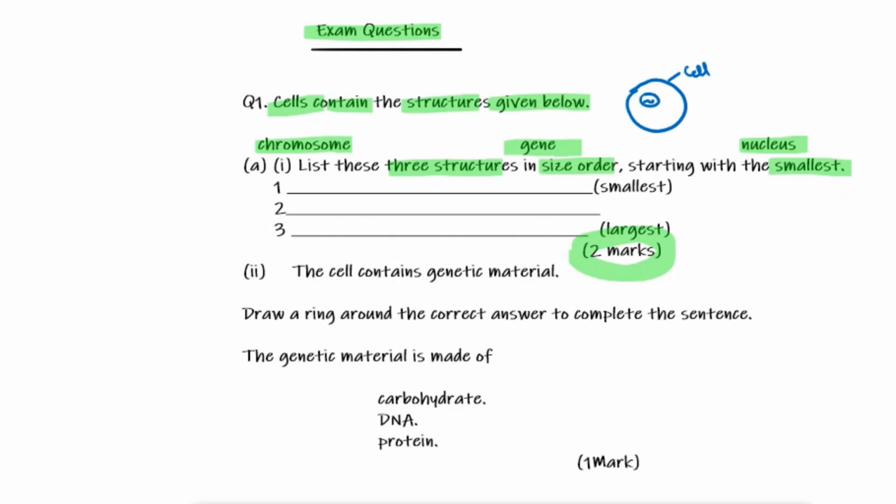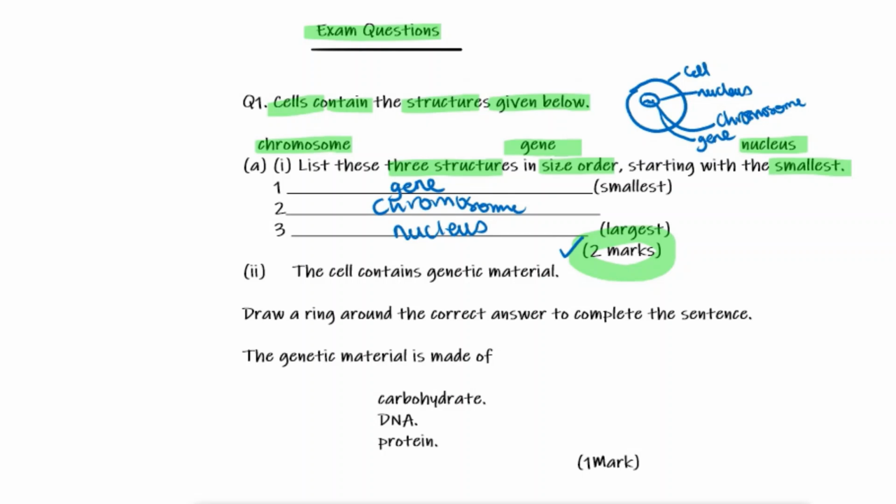So the cell is the biggest. Next comes the nucleus. Next comes the chromosome. And lastly comes the gene. So smallest would be the gene. Next one would be the chromosome, and the largest here would be the nucleus, worth our 2 marks.